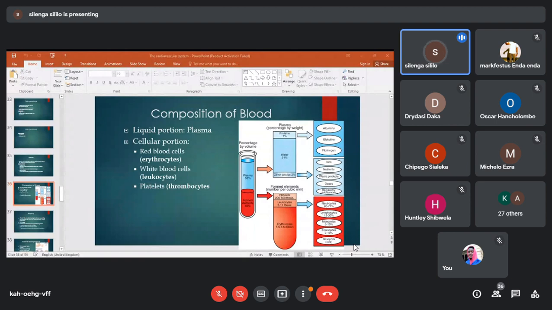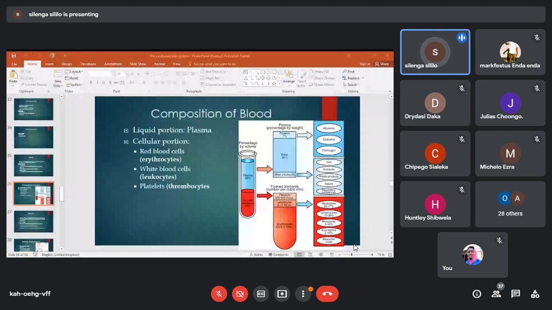Now it's important to talk about whole blood. Whole blood is the blood that is circulating in the system, or the blood that you've collected in a tube that contains plasma, the cells and other constituents.